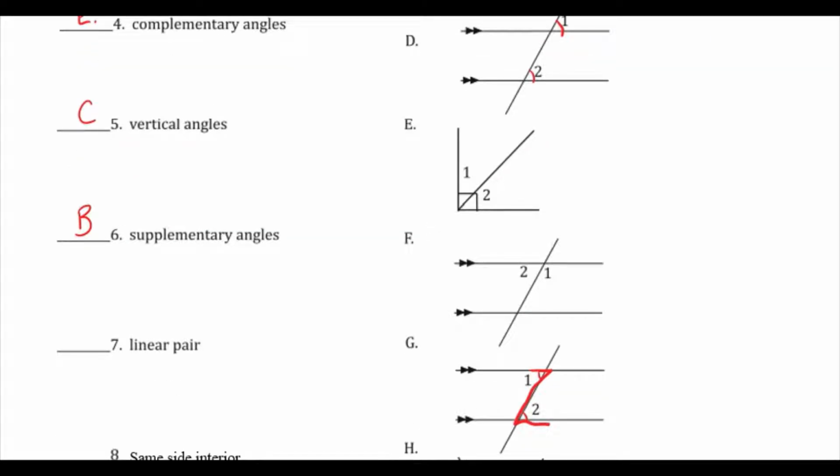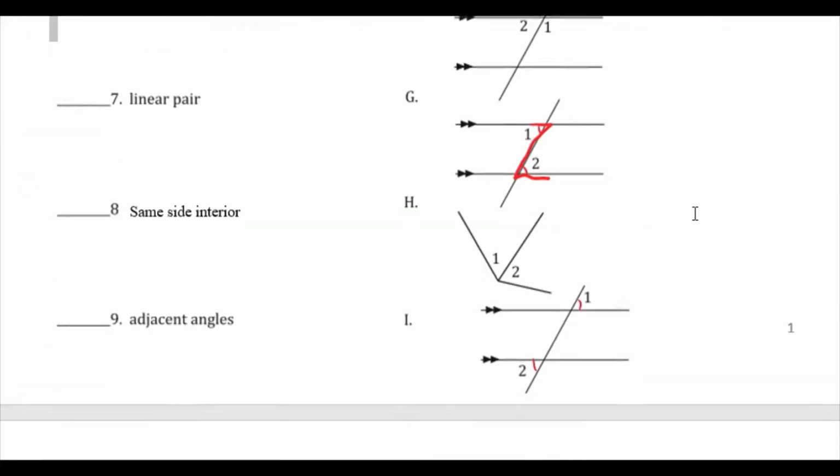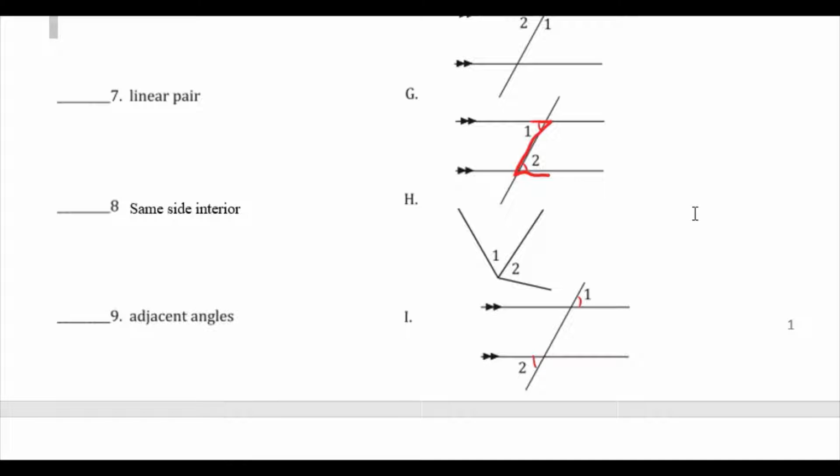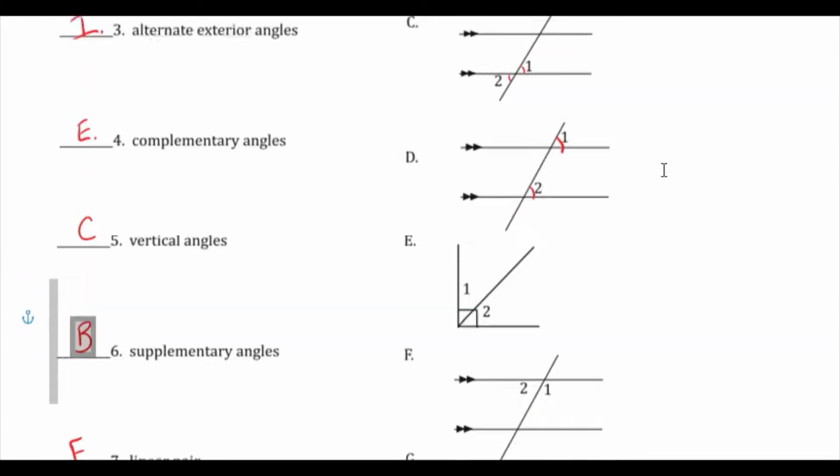Linear pair, like we said, we're talking about the ones that form a straight line. That would be these two right here. You can see how these form a straight line. Same side interior, just like it says, they're on the interior and on the same side, both on the left or both on the right.